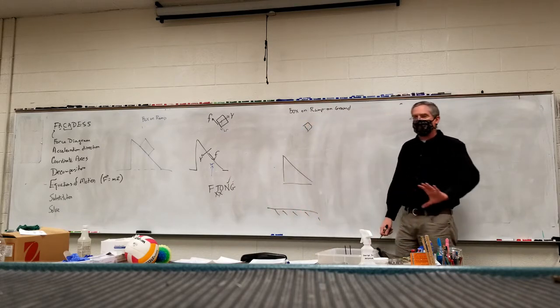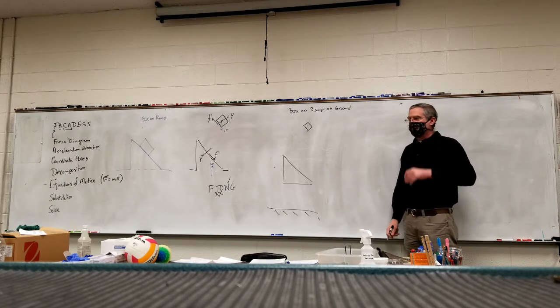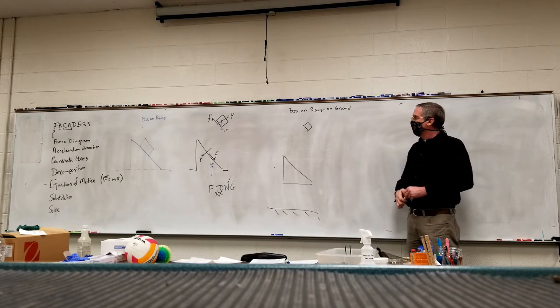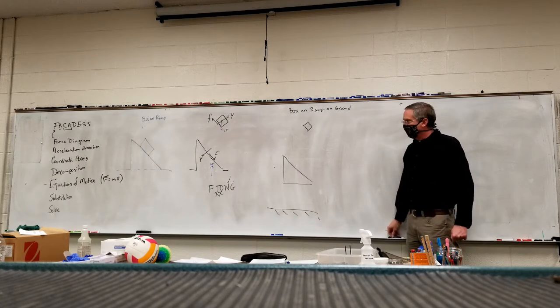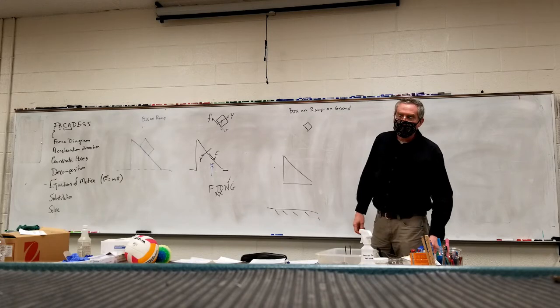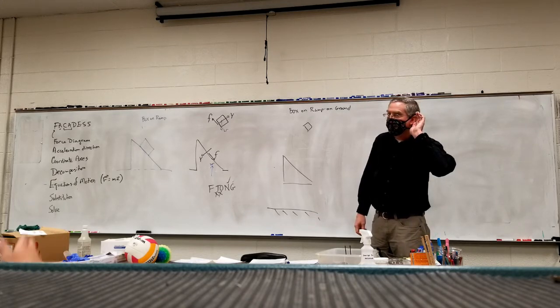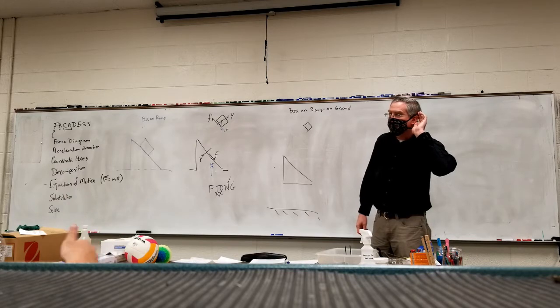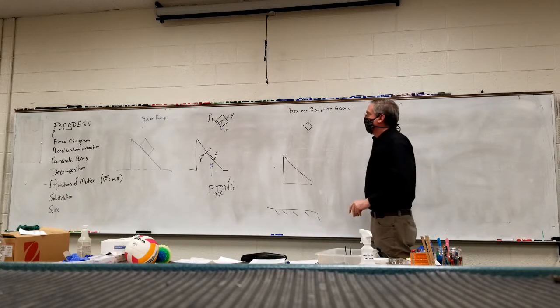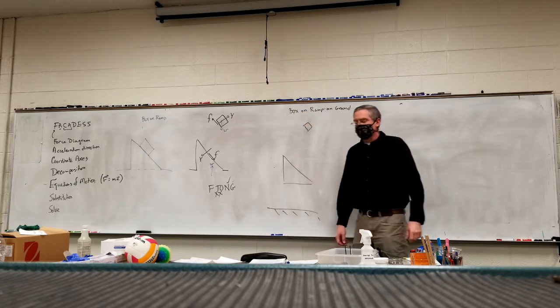So now we have the ramp as a separate entity. So what's the difference between this and this when it comes to solving problems? How will you word it? How will you know which one to use?